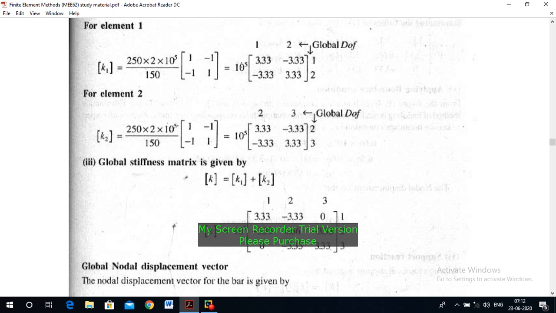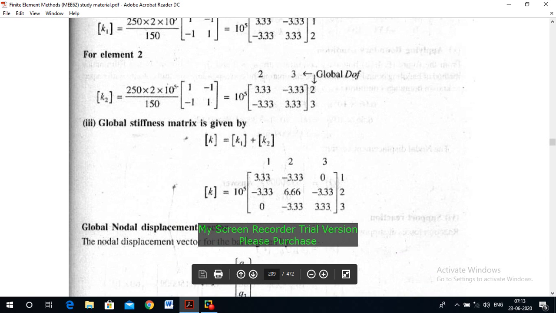There is no element corresponding to second row, third column in matrix 1, but in matrix 2 there is an element, that is minus 3.33. Because of symmetry, I will write it here as minus 3.33 as well. Next, we need the element corresponding to third row, third column. In matrix 1, there is no element corresponding to third row, third column, but in matrix 2 there is, that is 3.33. I will write it here.